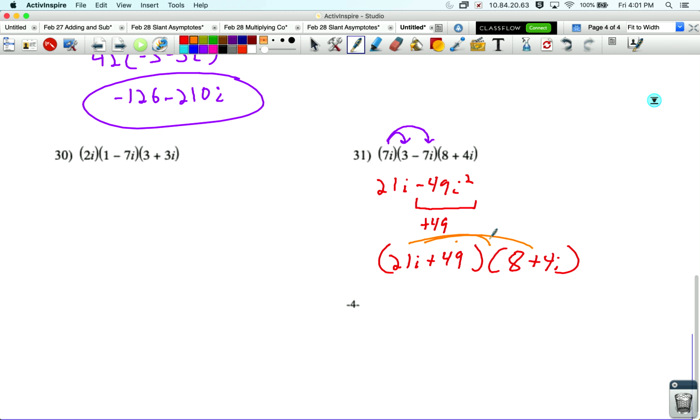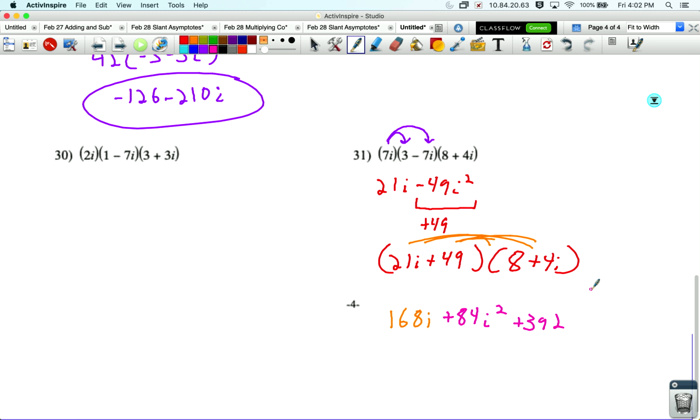So I'm going to do first, outside, inside, last. 8 times 21, 168i. 21 times 4 is going to be plus 84i squared. Inside 8 times 49 is 392.